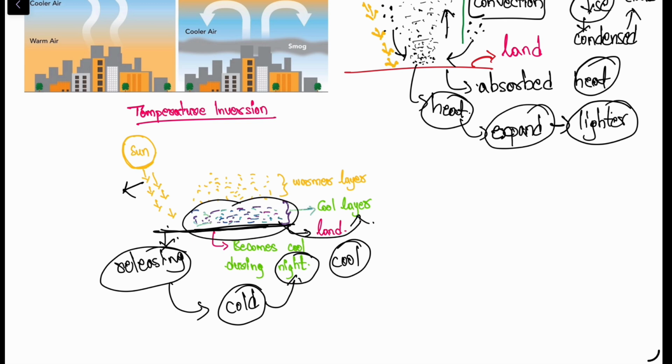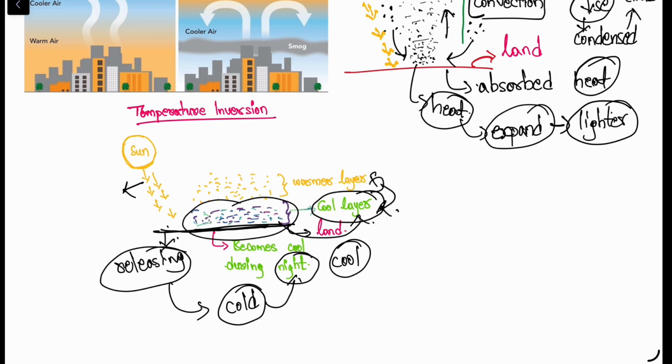The air particles immediately above the surface will also become cool. But here such a situation prevails that the layer above this cold layer will be warmer than this cold layer, right?